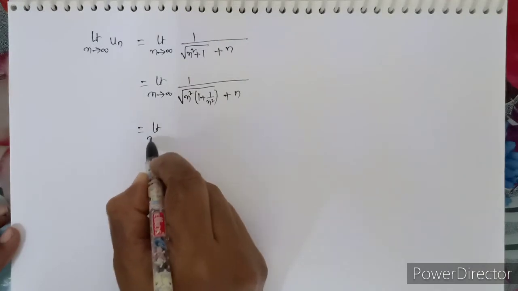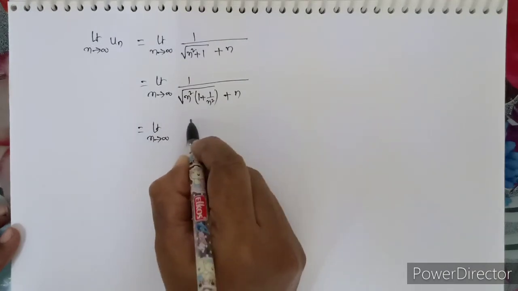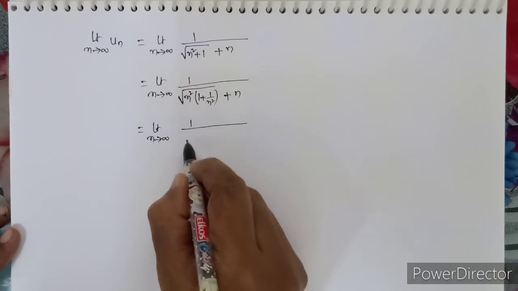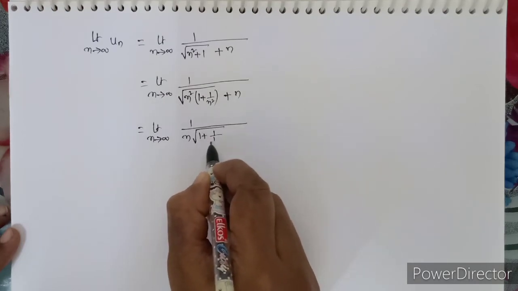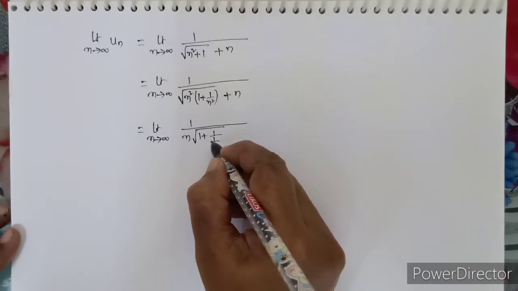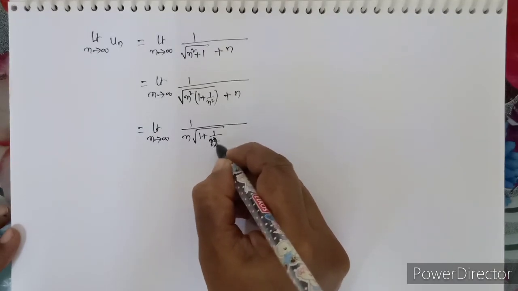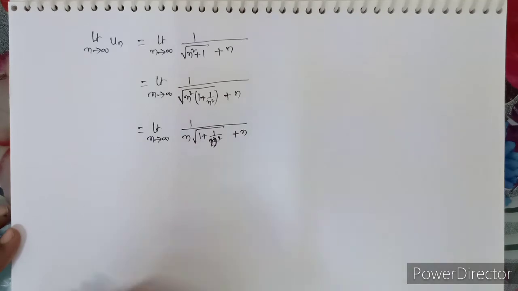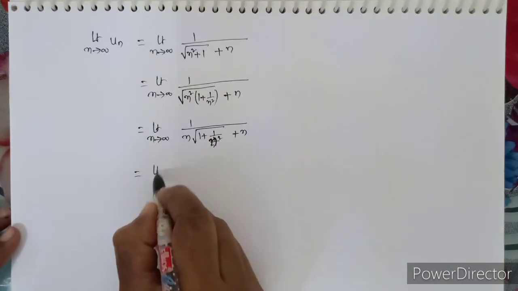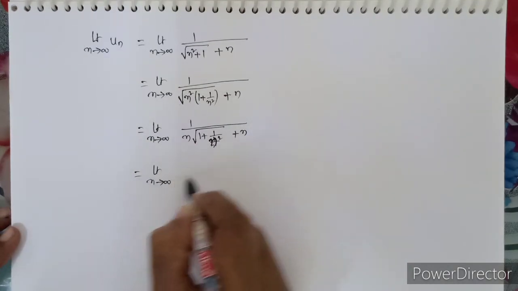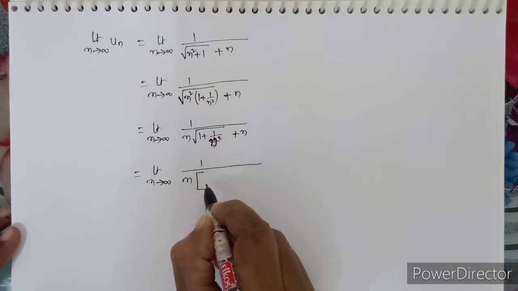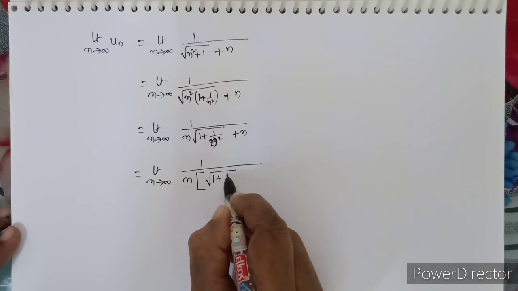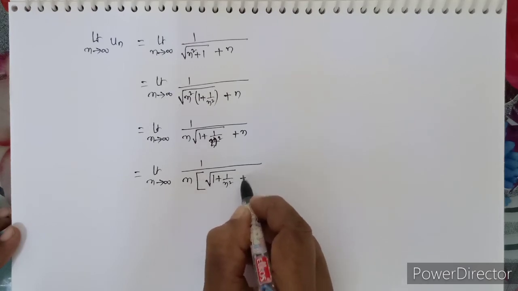Root of n square is n, so we take n common: limit n tends to infinity 1 by n into (root of 1 plus 1 by n square plus 1).